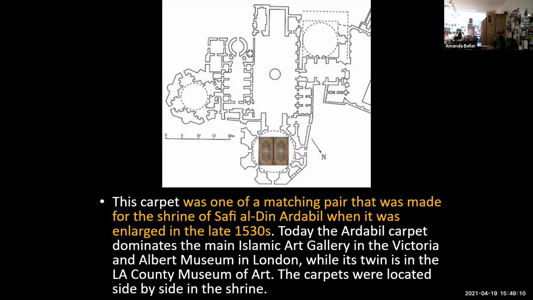All right, questions about this object? Theme: duality, because there were two. Well, there are two, it's just, they're not complete. I would say power and authority, because we know that this was made for a shrine by a court official, right?